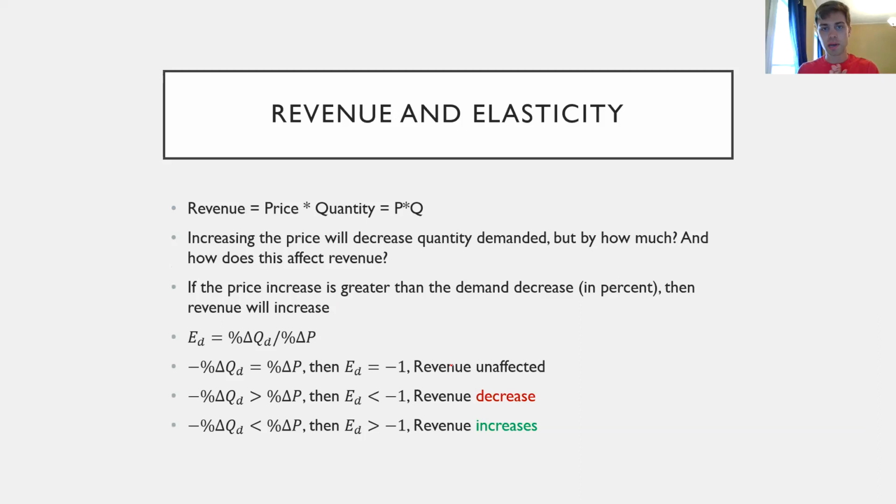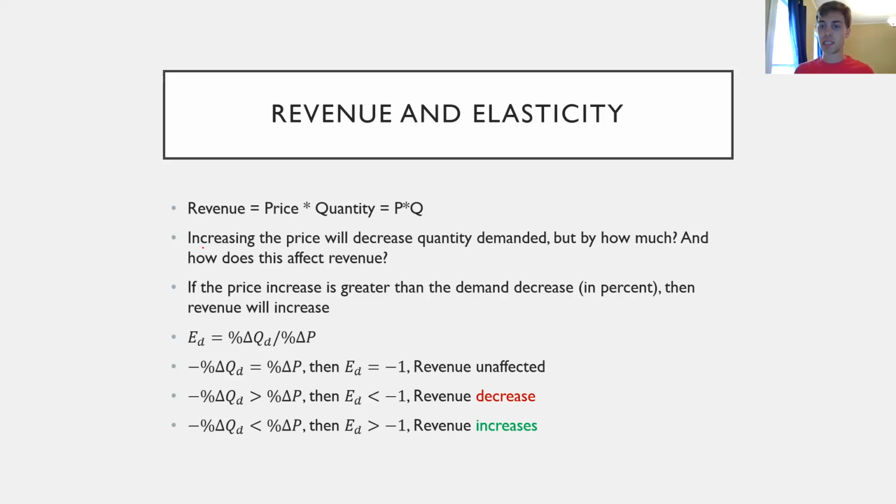Okay, so let's talk about the relationship between revenue and elasticity, because they're connected in an interesting way. We know that revenue is just price times quantity. So it's the number of units you sell times the price you're selling each unit at. We know from the law of demand that increasing a price will decrease quantity demanded, but we don't know by how much.